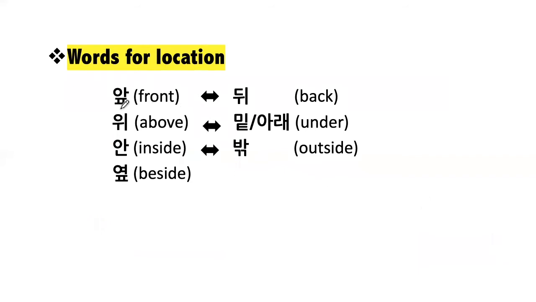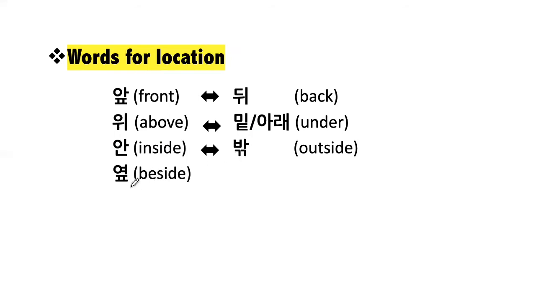And then let's learn more words for the location. Front, 앞. The opposite, 뒤. Above, 위. The opposite one is 밑 or 아래. These two are the same. 밑, 아래. Inside, 안. Outside, 밖. And then beside, 옆.